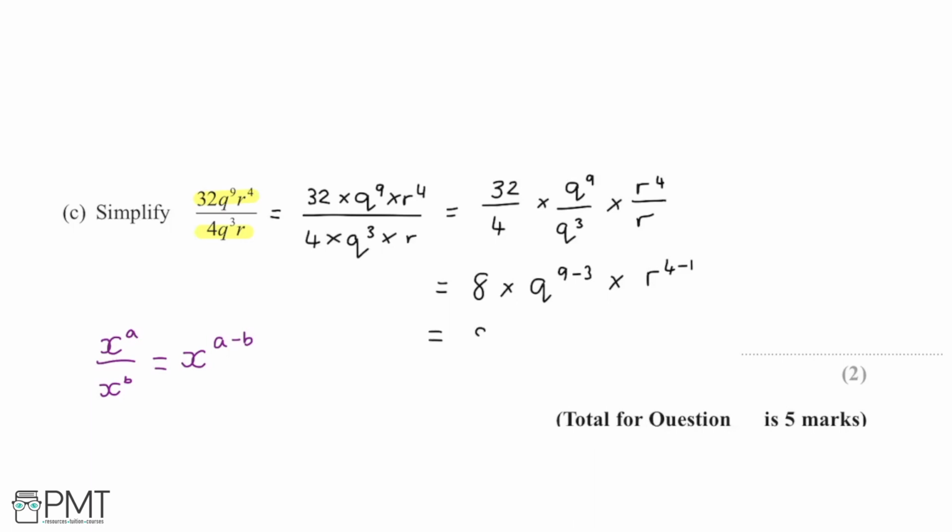So we now have 8 multiplied by q to the power of 6 multiplied by r cubed. And because we're multiplying these together, we can just write them out next to each other. So the final answer here is 8q to the 6 r cubed. And we would get 1 mark for getting 2 of these terms right, and then the second mark for having the fully correct answer that we have here.